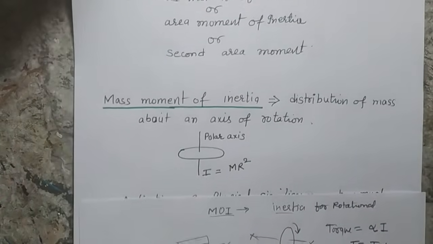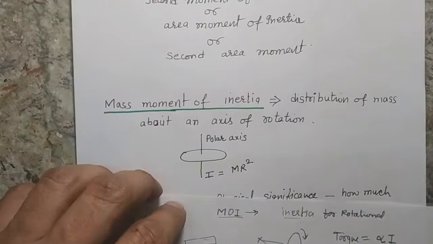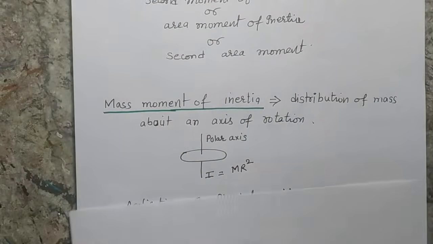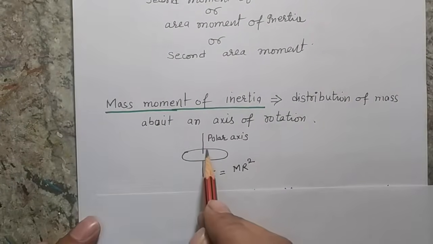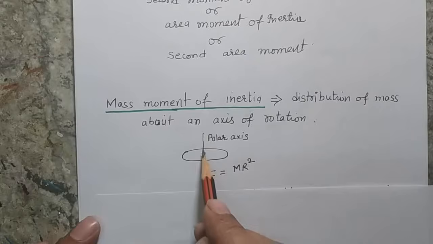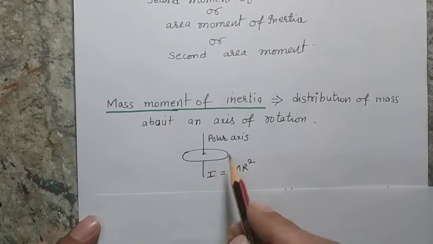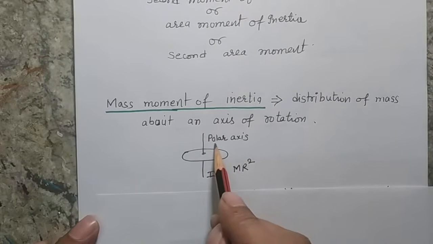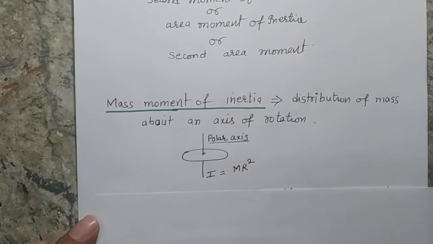So now let's try to understand that. I have already said that this is the moment of inertia. For example, suppose I have a ring which can be rotated about this axis, which passes through the center of the ring and is perpendicular to the surface of the ring. This sort of axis, perpendicular to the surface, is known as the polar axis.